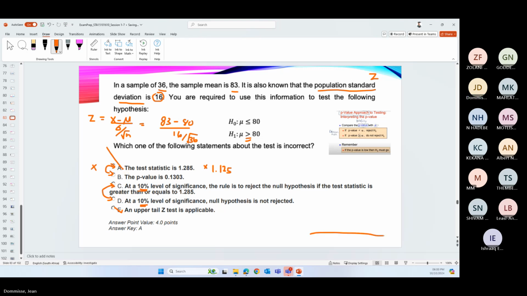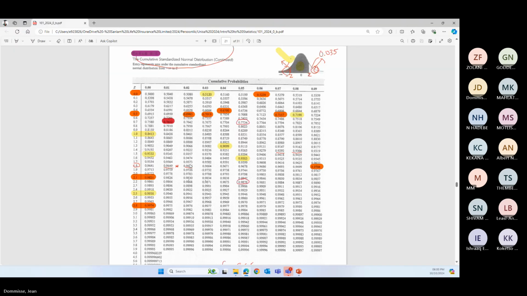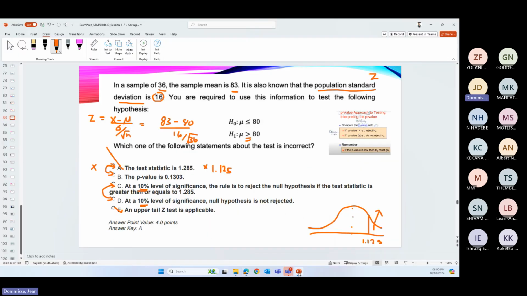But again, let's look at the p-value. 1.125.